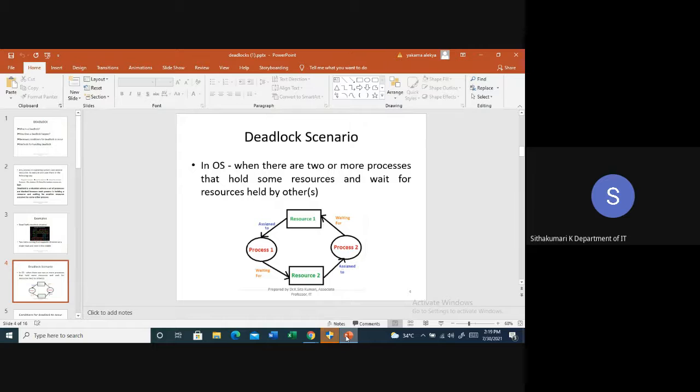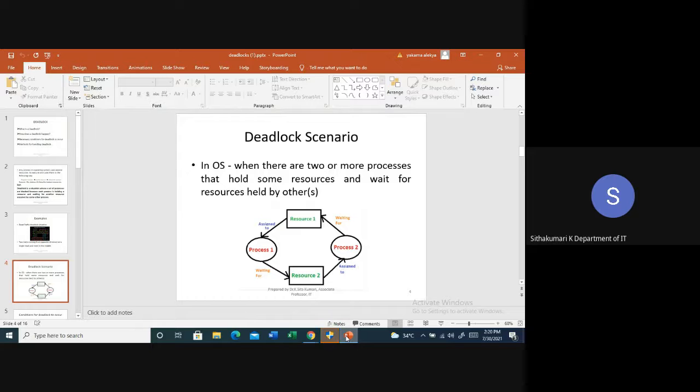Consider two students. The two students are the two processes, and these students want to note down the points. One student is holding a pen, and the other student is holding a paper or a book. Both students want to note down the content, but neither is willing to release the resource.